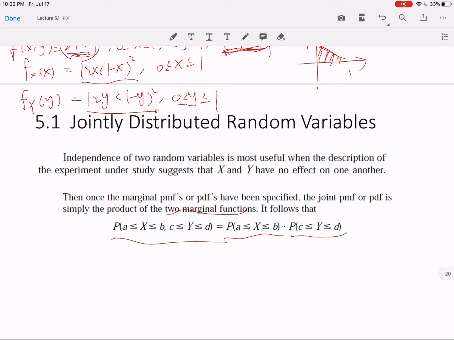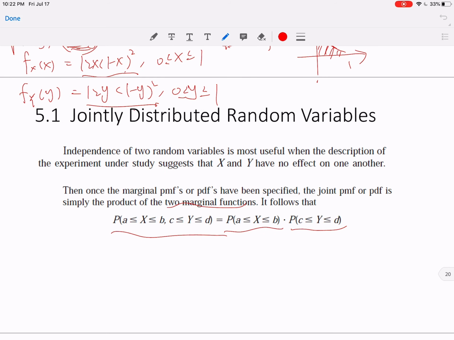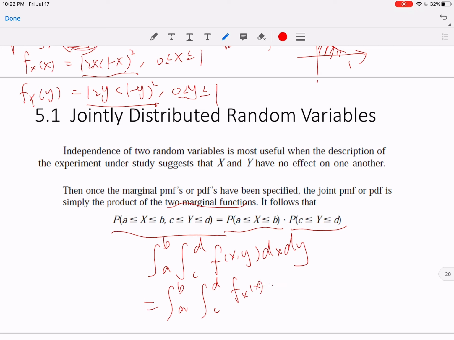This makes sense. Basically, this is going to be equal to, let me rewrite it in the form of integration. Integration from a to b, from c to d, f of xy, dx dy, right? Since they're independent, I can rewrite it as the integral from a to b, from c to d, of f of x times f of y, dx dy, right?